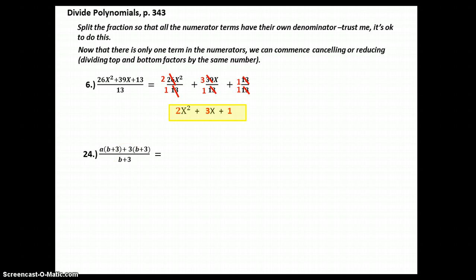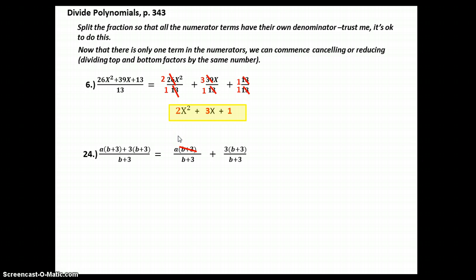So we're going to split it into two fractions. And it becomes what you see right here. See, both of these terms that came from over here now have their own fraction with their own copy of that denominator. And like I said, that feels weird to do, but it's okay to do.